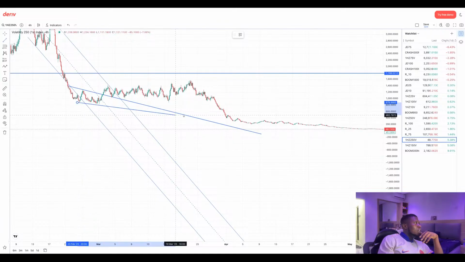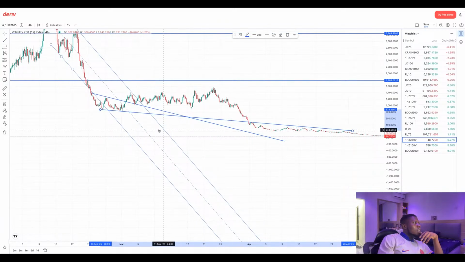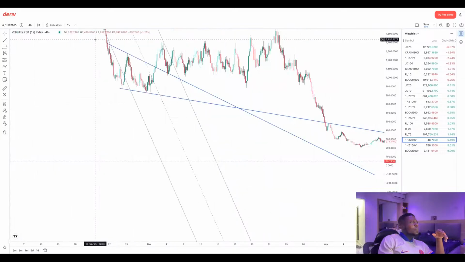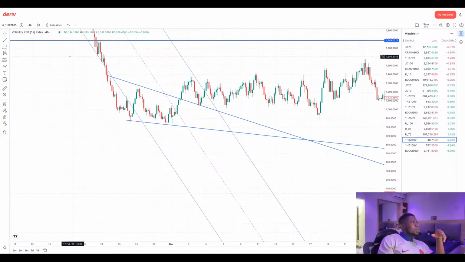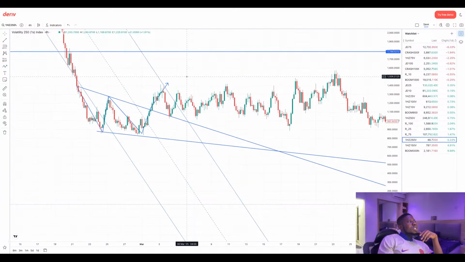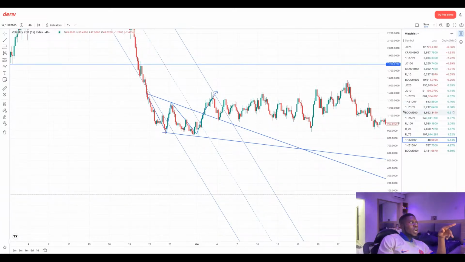Okay, so this is what happened at this place. This was looking like a bullish wedge, this, and this, and this. So this was supposed to be a bullish wedge. Remember what I told you?